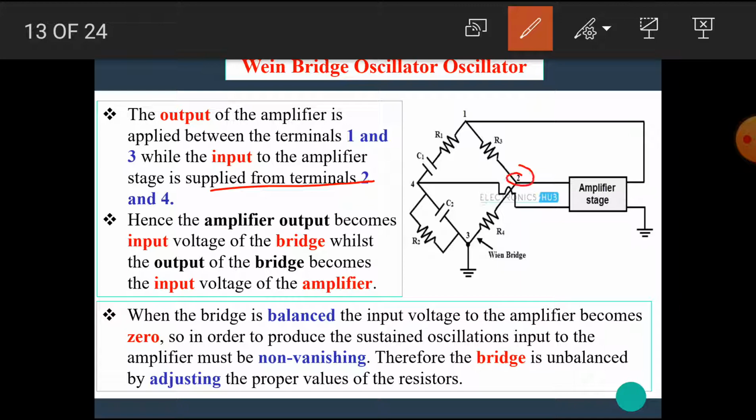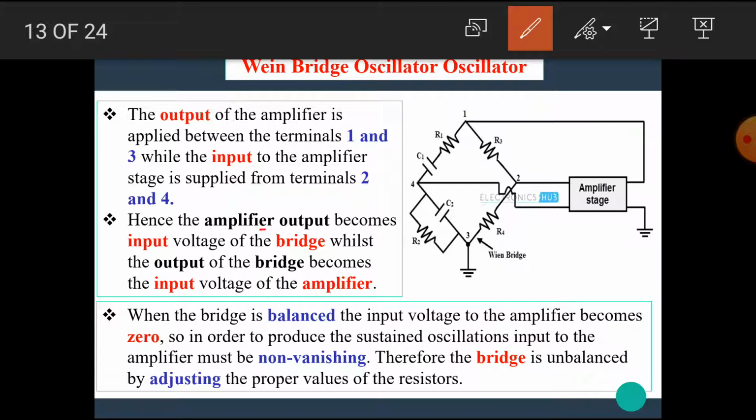That means the terminal 2 and 4 gives input to the amplifier. The terminal 1 and terminal 3 connection is the feedback path. That means the output of the amplifier is given to this part, so this is a feedback path. I hope you all understand the concept here.